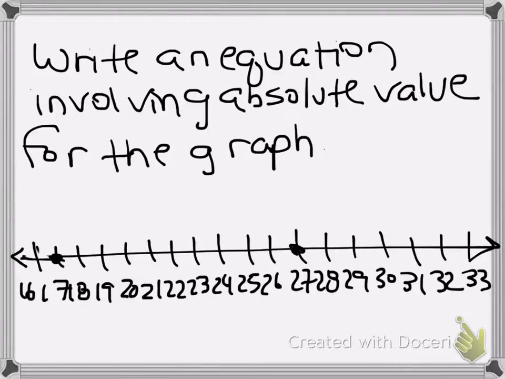Now, my final example is to write an equation involving absolute value, and your answer has to be 17 and 27. If you think about setting up your equation, it's always going to be |x minus something| equals something else. So think about how you could get one of these values.